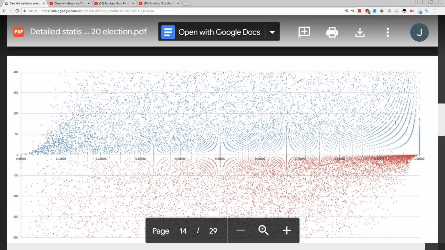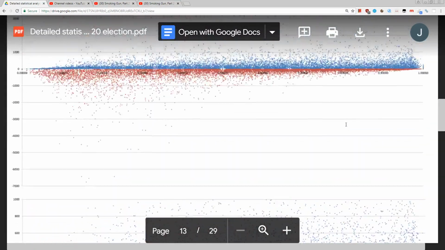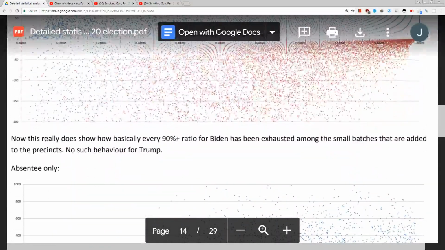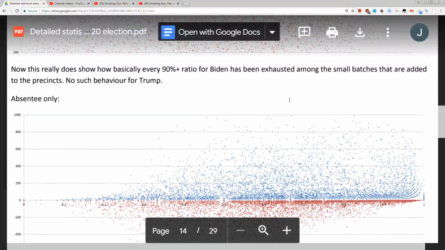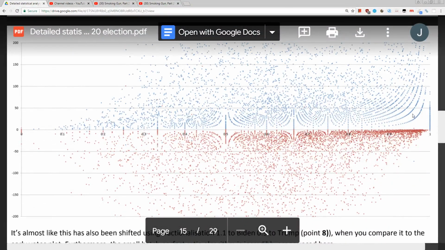Somehow, if you look at absentee only, Biden managed to get absolutely every single fraction that approximates 100%. Every single fraction.